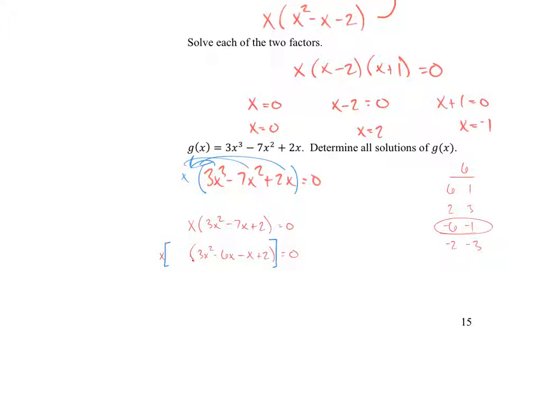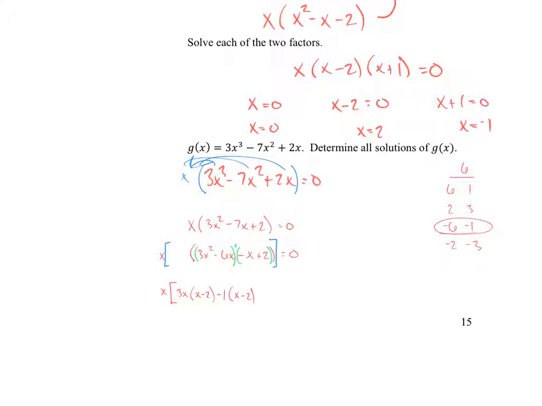So now I'm going to take that quadratic I have here and group it. I'm going to find my greatest common factor and pull it out. So I'll have x times 3x times x minus 2 minus 1 times x minus 2.